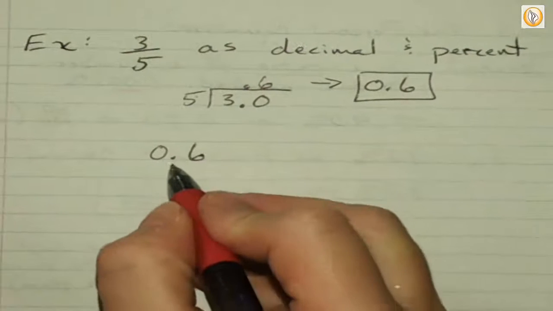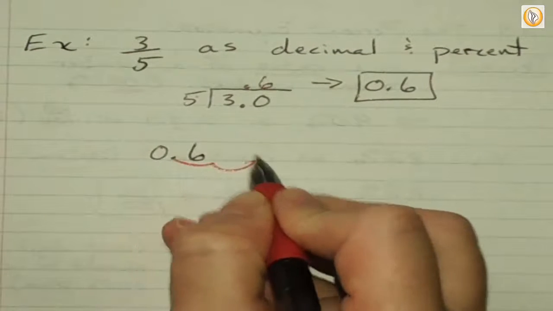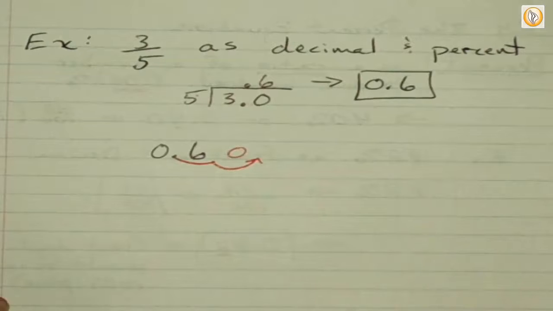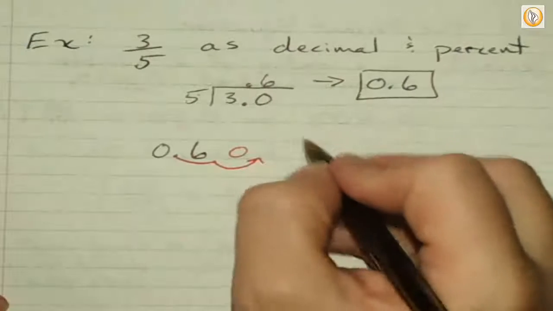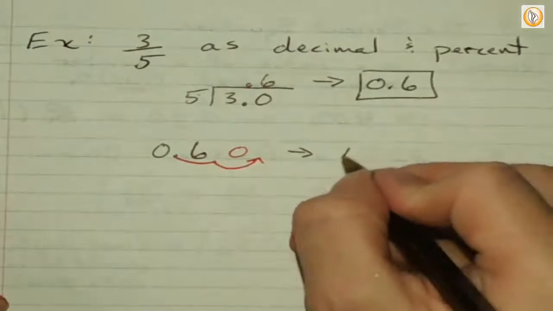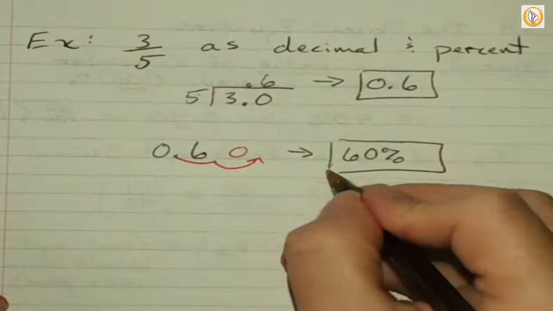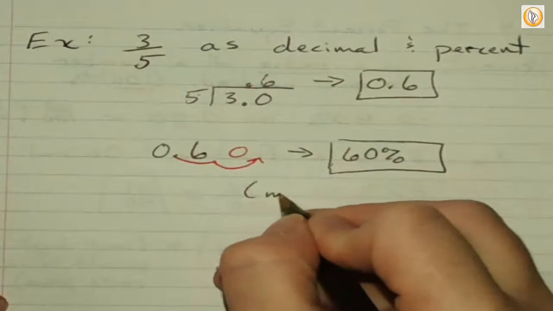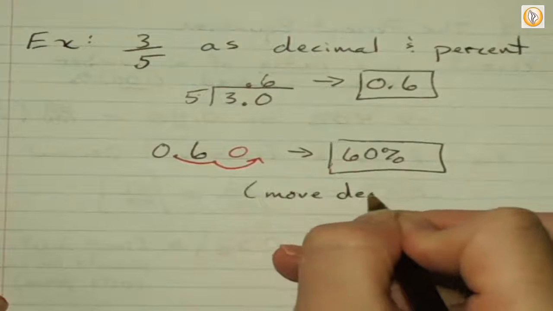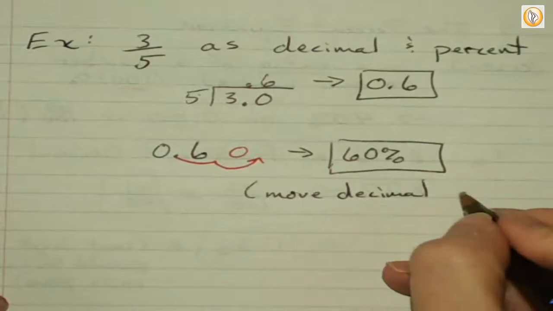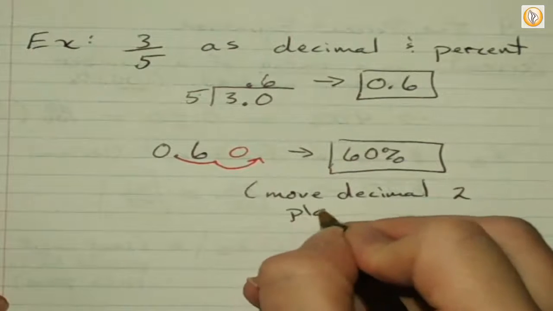This time we're going from a decimal to a percent, so we move it right 2 places. So then our answer is 60%. You're going to move the decimal 2 places right.